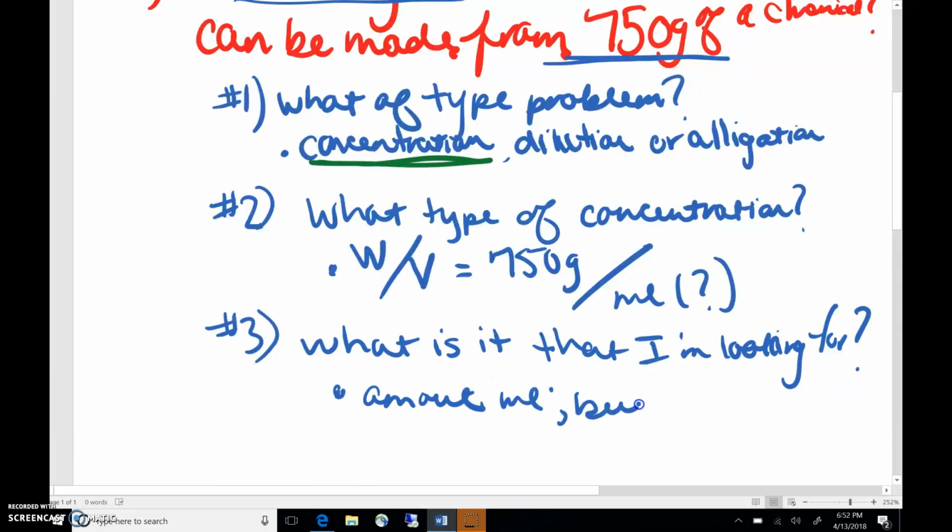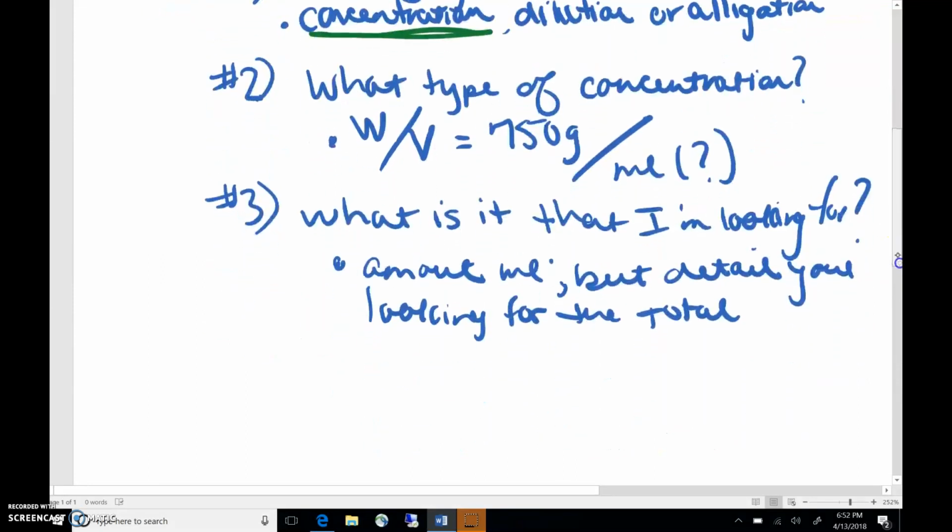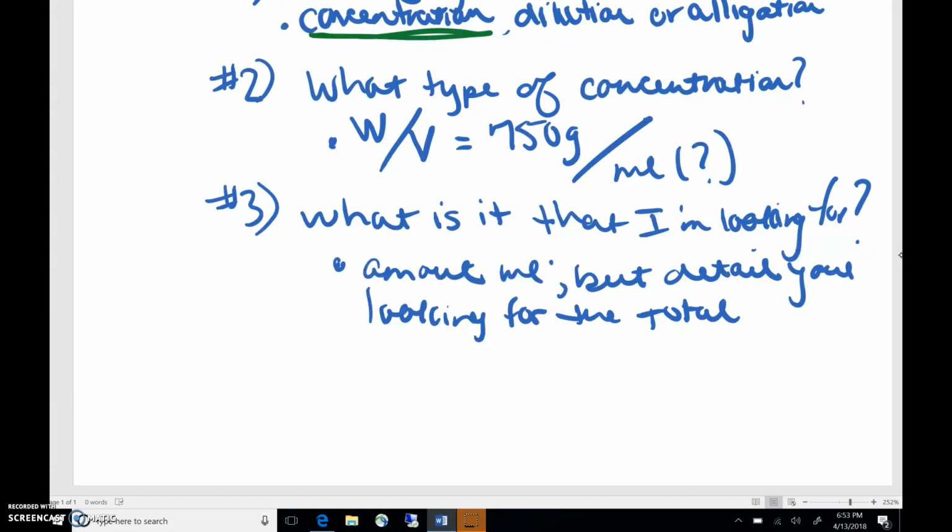But in detail, based off of the formulas, you are looking for the total. Because remember, if it's active, your active will be your top number. Your total will be your bottom number. You have an active. Your active is 750 grams, but you don't have a total because you're looking for the milliliters.